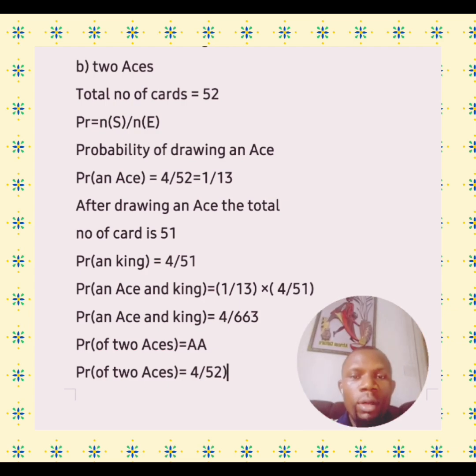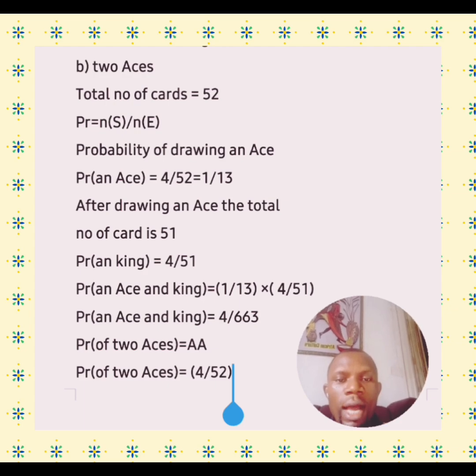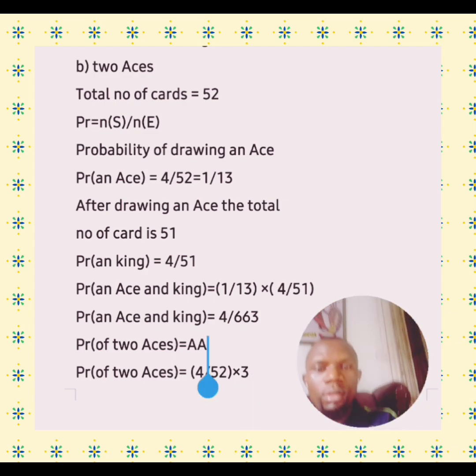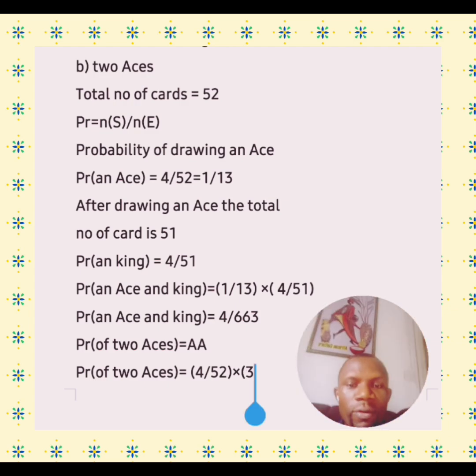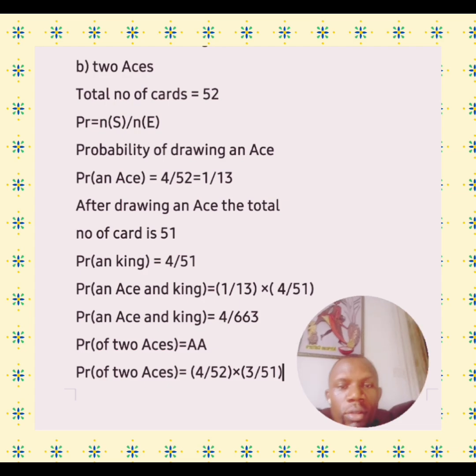Let me enclose it. That word "two aces" simply means times. The second one has been reduced, which means 1 is taken out of the 4, so I'll have my 3, divided by the total number also reduced to 51. So that is it.